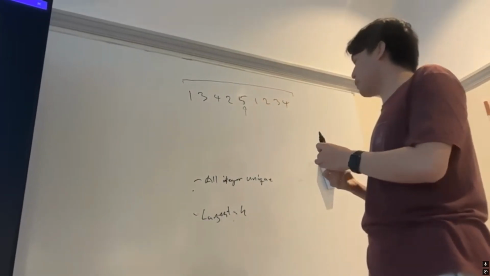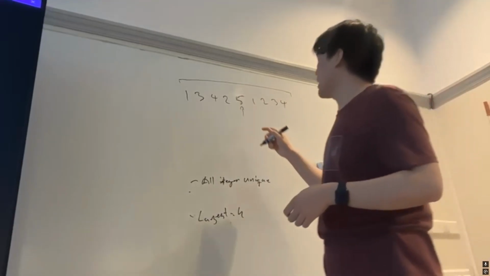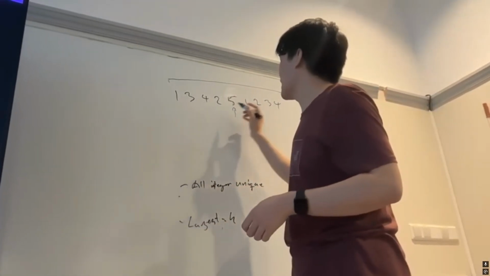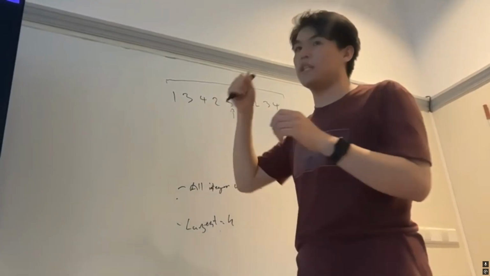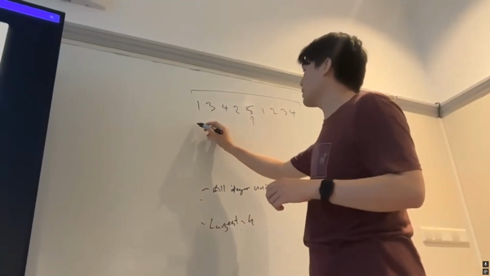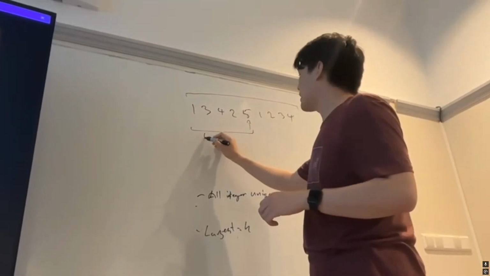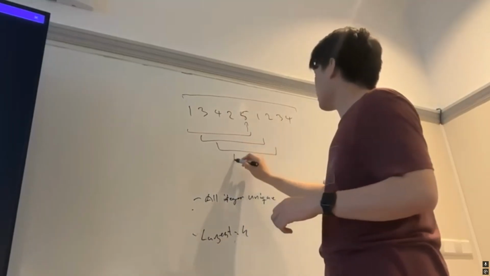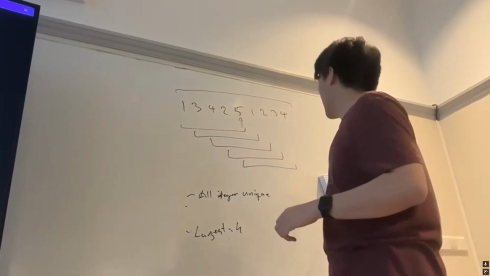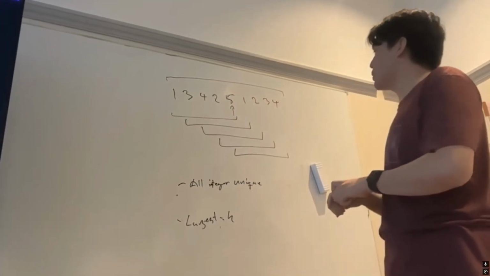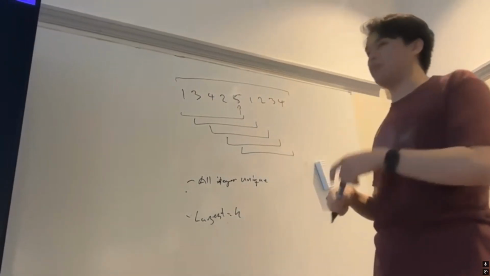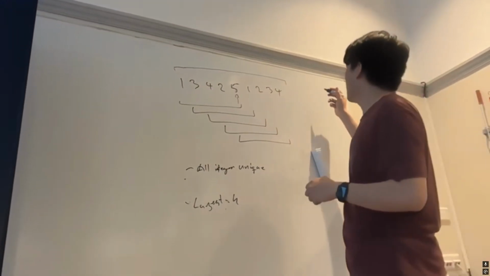Now we have this sub-question: is there an interval containing this of size 5? Because we have fixed the largest element, it has to be of size 5. That is a permutation. To find this interval, we need to do some pre-computation, but we can come back to that.